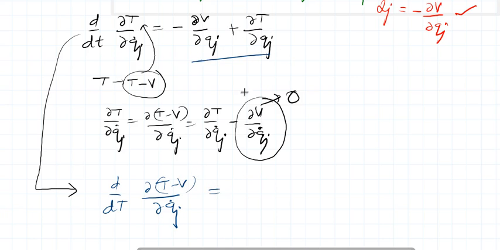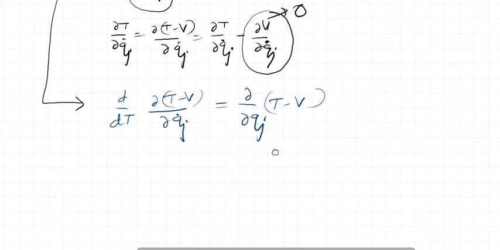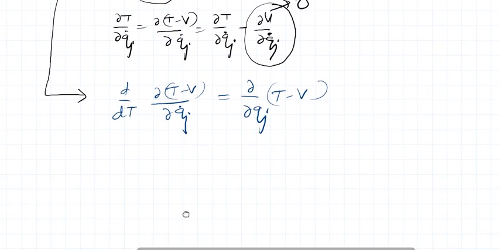And these two can be written together as ∂/∂q_j of (T − V), because this is negative, right? So I have expressed D'Alembert's principle in terms of the kinetic and the potential energy.